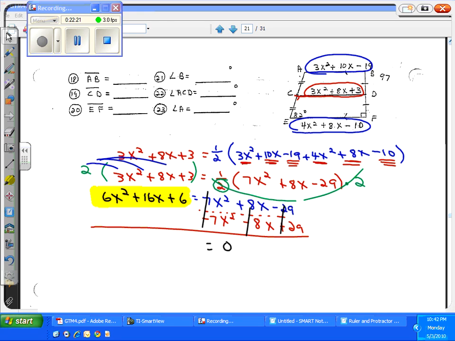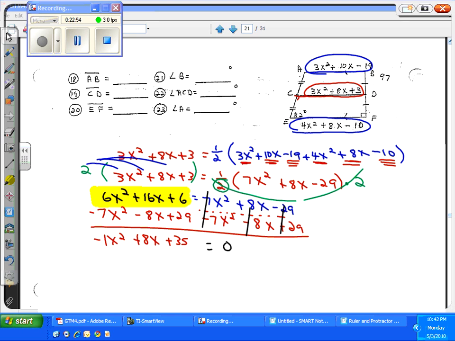What you do to the right side, to balance it, you have to do to the left side. We're going to put our like terms together, and then combine like terms using sign rules. And then we're going to solve that quadratic.